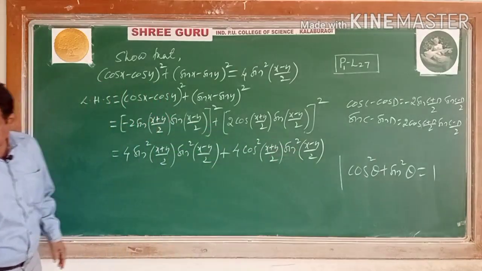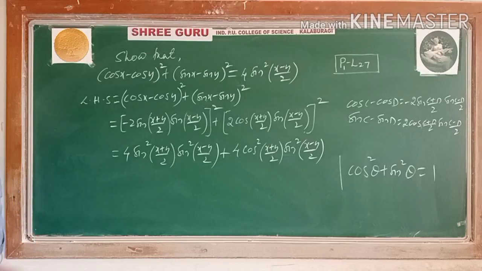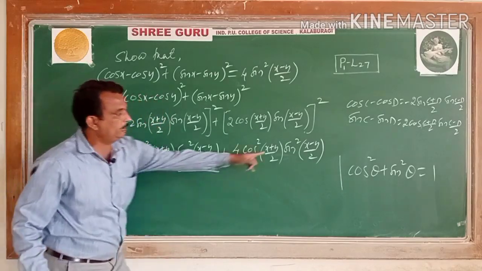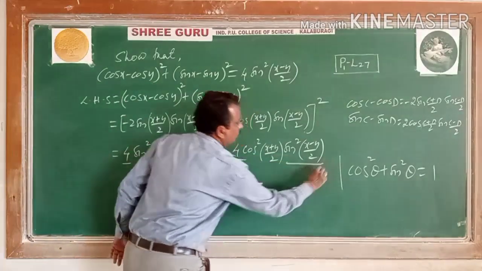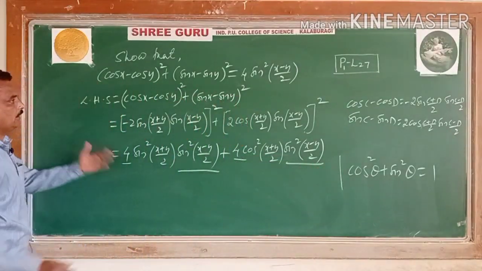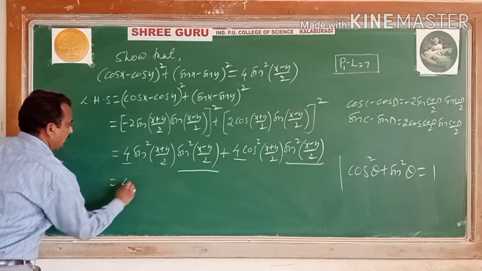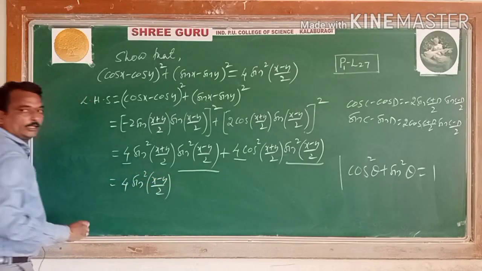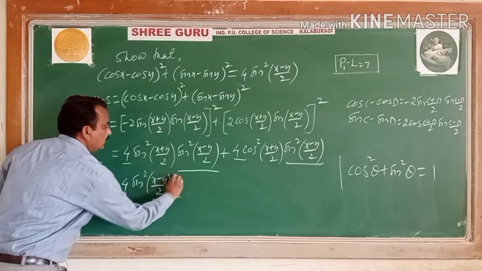What is the common term here? Similarly here, what is the common term? This 4 is common, and this sin square of (x minus y) by 2, the same term. Is it possible to take common? Take outside 4 times sin square of (x minus y) by 2. Write down the remaining terms. What remains?